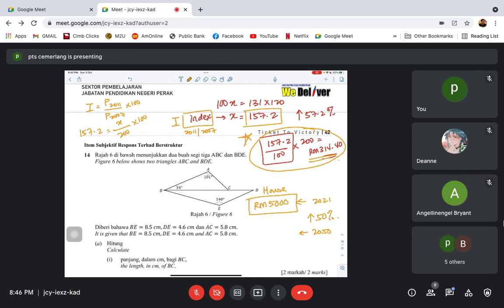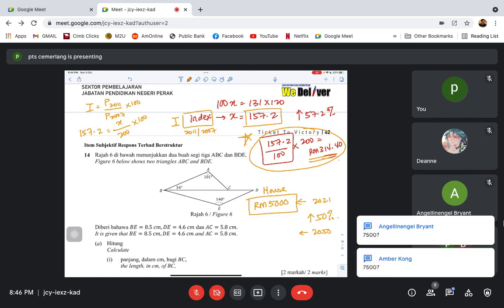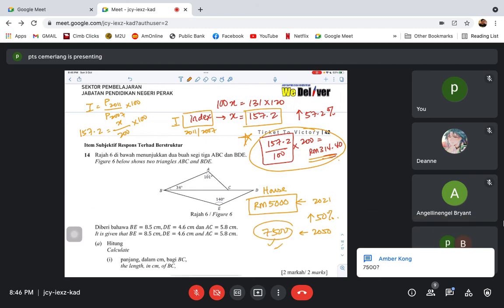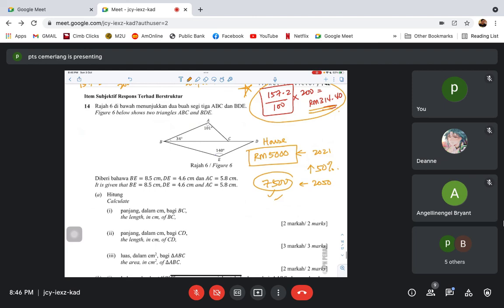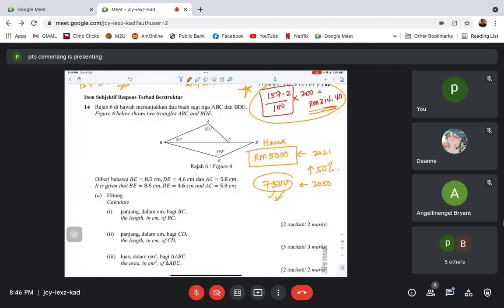Berapa lah price dia? $7,500 kan? Okay, what do you do? Correct. What do you do? 7,500. What method do you use? Use the price index kah? Do you use the price index?